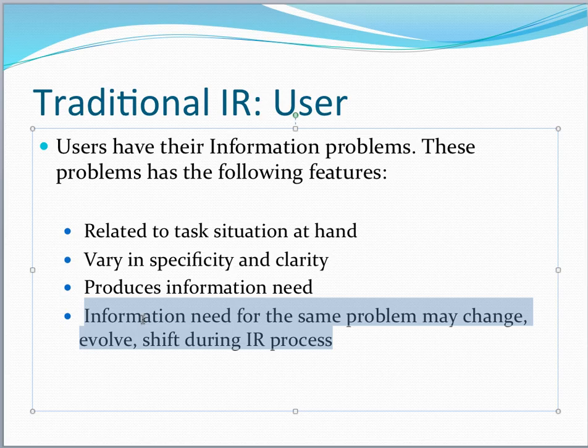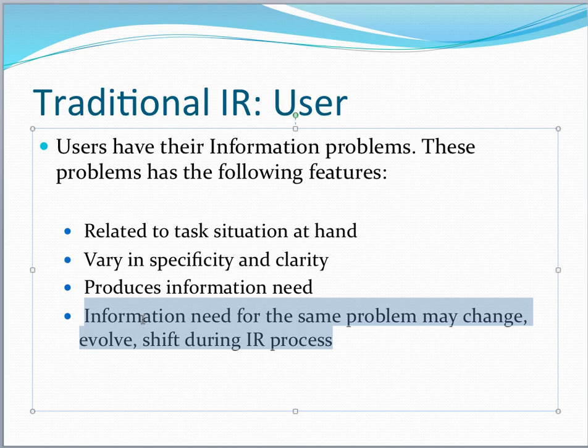Something that we have to do when we do reference is to refine our query. But not only because we want to have better precision or more recall, but because the information needs of the user may have changed or may have evolved. Okay, so take that into consideration too.